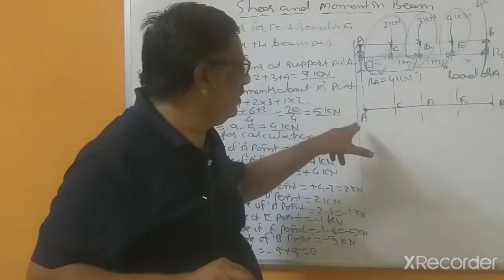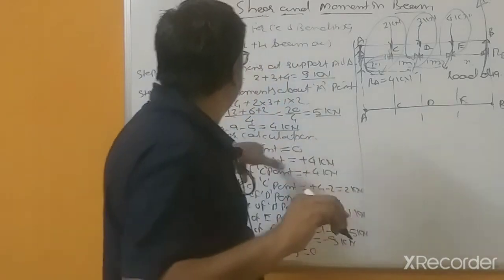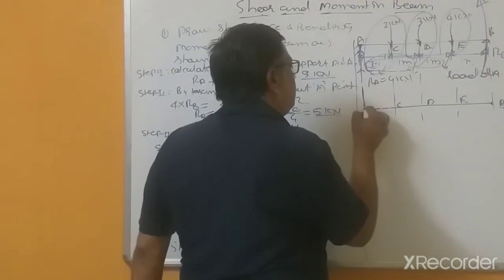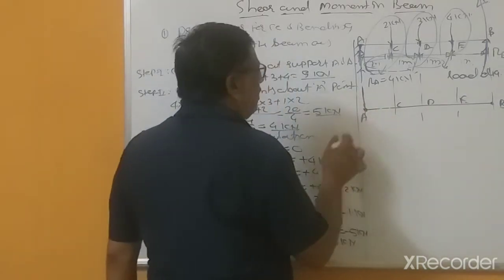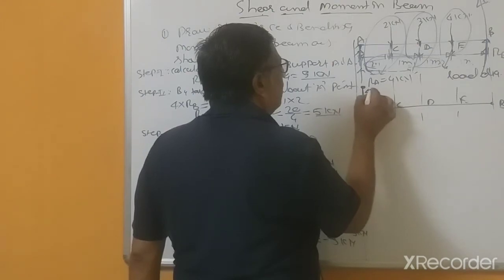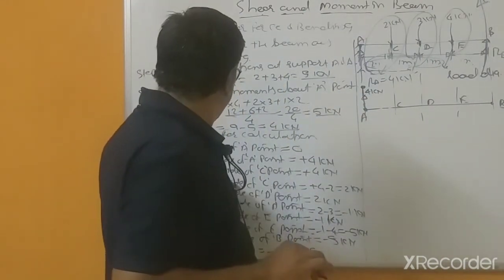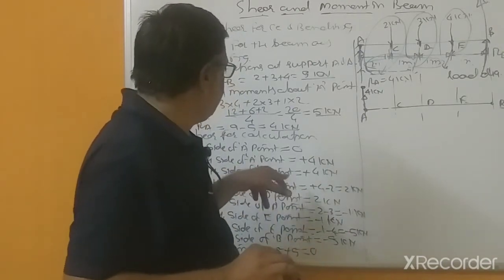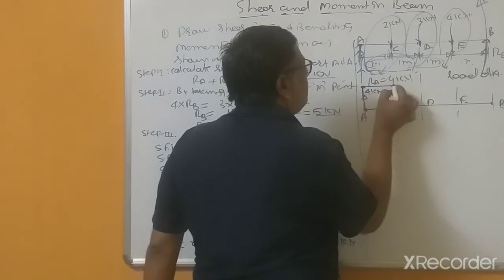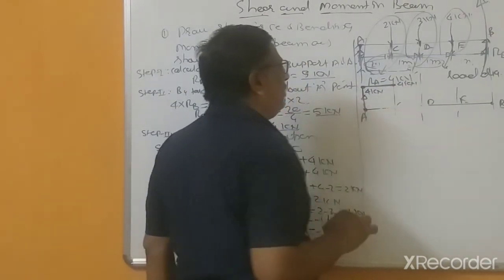Now at A point, the intensity of the shear force starts from 0 and goes to 4. Suppose this is 0 and the next point is 4. Now in between, the shear force just left hand side of the C point is 4 kilonewton. So you will get a horizontal line. Here it is also 4 kilonewton.